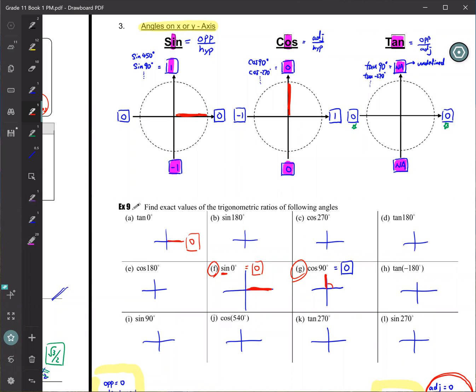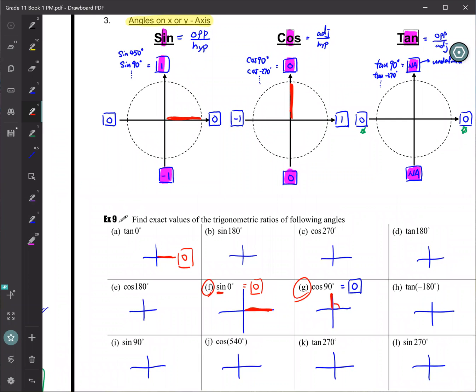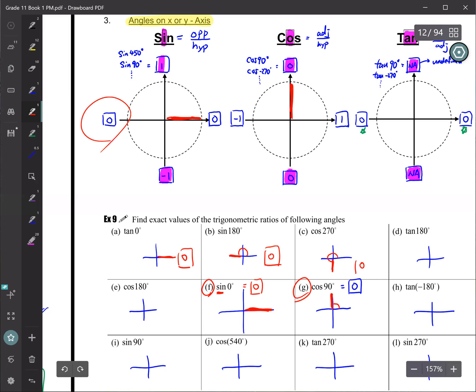No, we are looking for the ratio. 180 will turn to here. So what's the number you see on the chart? For sine it is 0. Yeah. So you look at this one, sine of 180. Next one, Evan, C. 0. Yeah, okay. 270 degree will be down here, so it'll be 0.